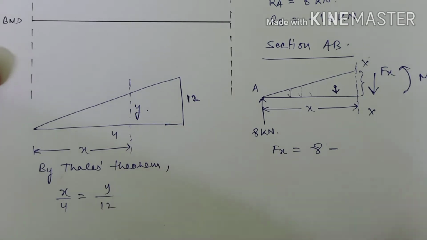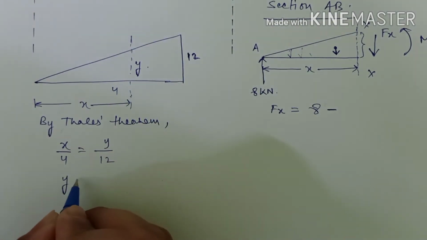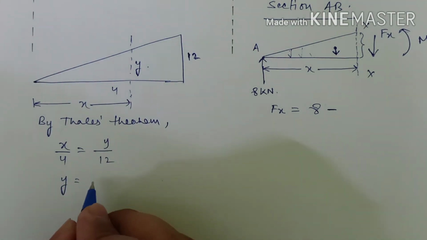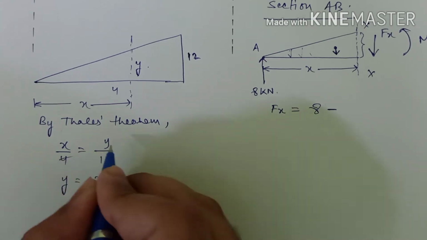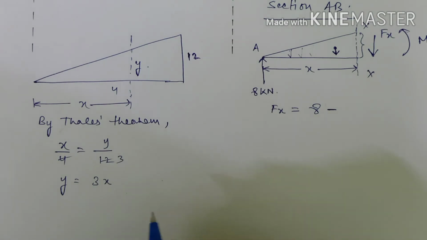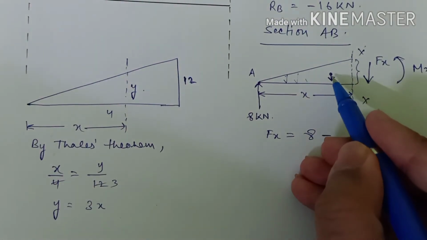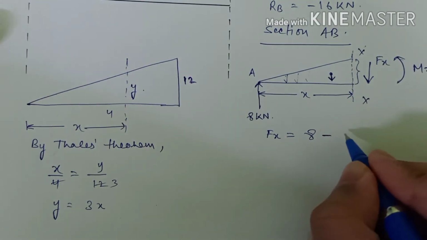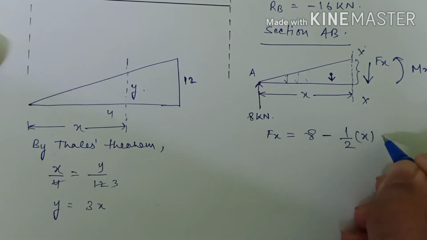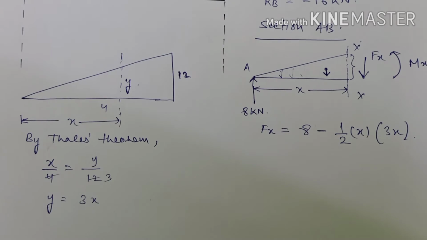If you need the value of Y, just subject Y and you will get 3x. This will get cancelled with 3, so Y equals 3x. So what will be the magnitude of this force which is acting downwards? It will be half into base, that is x, and height, that is 3x. I hope this is clear.